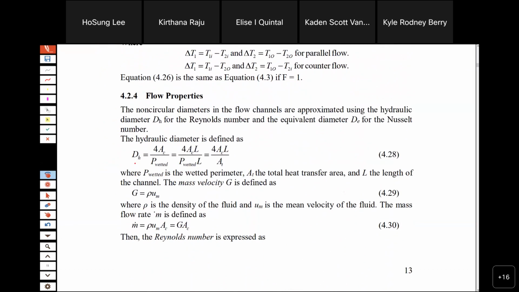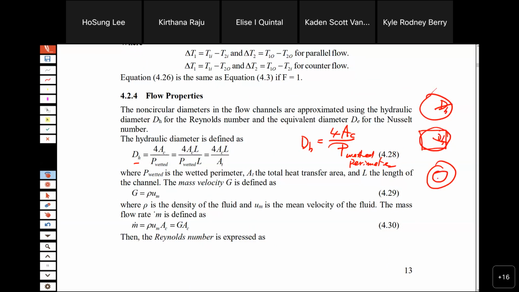And the hydraulic diameter is sometimes defined as AC over P, the wetted perimeter. Keep that in mind. For a circular tube, you don't have to calculate: the diameter is the hydraulic diameter. But for non-circular, you can compute the hydraulic diameter using this.